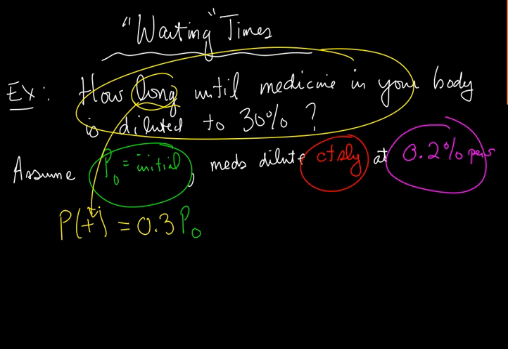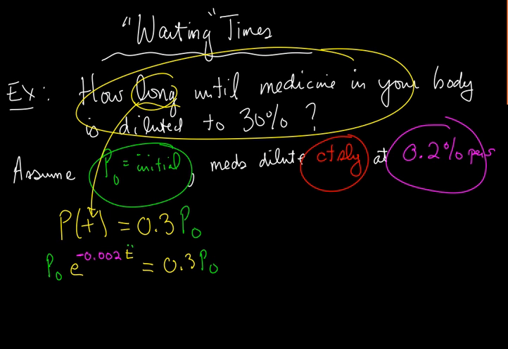Okay, so P of t, well, we know all exponential functions look like P0, that's the initial, times e to the r, the relative rate of change, which is 0.002, but because it's diluting, we know it's negative, and our exponential function is decaying. So it's a relative decay rate, and then we have t in the exponent as well. This is equal to 0.3 P0.